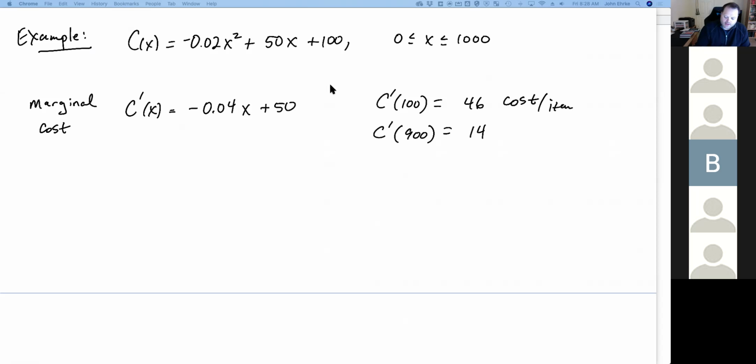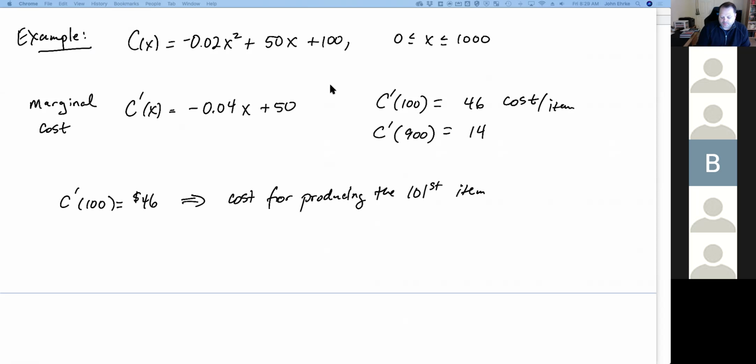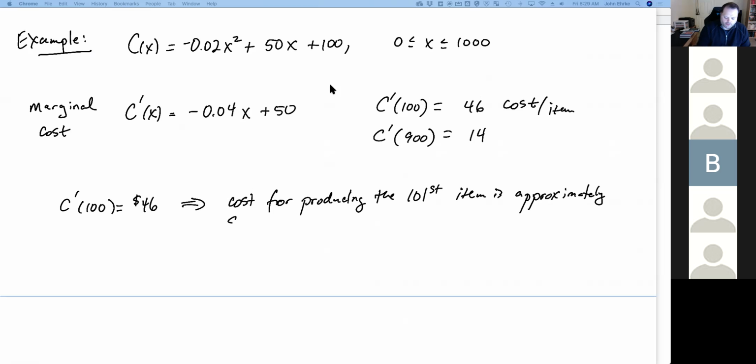And remember that when you say c prime of 100 equals 46, another way of saying this is the cost for producing the 101st item is approximately $46.